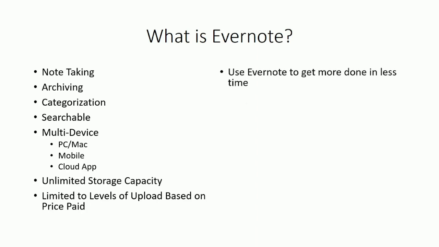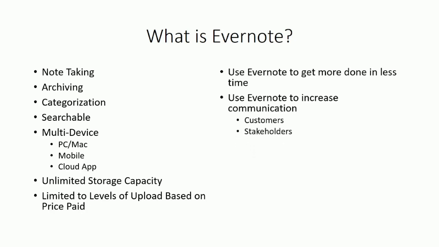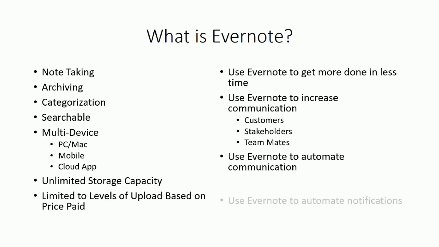Now, Evernote is really designed for you to get more done in less time. It's designed to increase the level of your communication, whether you're going to be working with someone on specific information or you want to collaborate with a customer or someone in your organization or concerning your organization or even people who are working on your team. One of the key features of Evernote in that way is that Evernote can be used to automate communication.